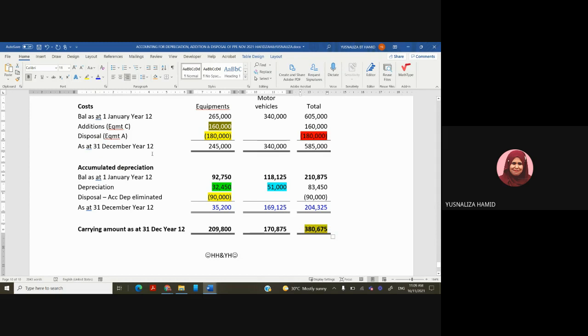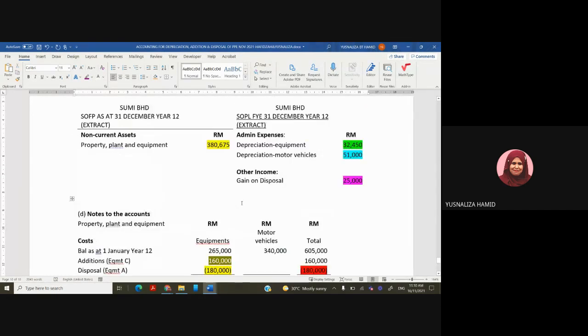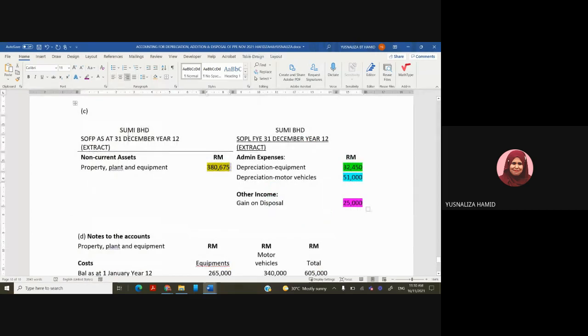And this 380,675 is the carrying value, or the carrying amount, at the end of 31st of December, year 12. And this is the one that you will report here. 380,675.